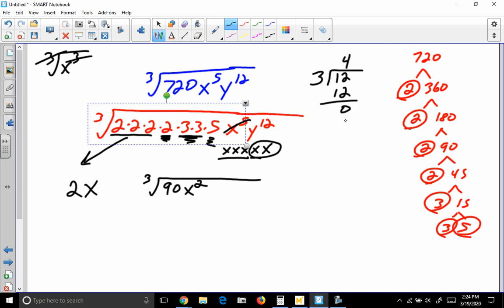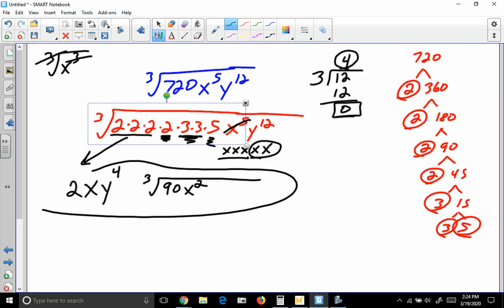So if I have 12 cookies, I have 4 different groups of 3's, and every cookie goes into one of those groups. So the top number tells us how many groups we had. So we get a y for each of those four groups, so y to the fourth. And then we don't have any y's left underneath, so we're not going to put any there. So that would be our final answer.